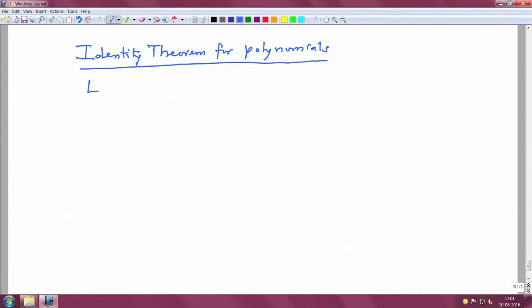So, let f and g be two polynomials, with degree f and degree g both less than or equal to n. We want to know how we can conclude that f equals g.